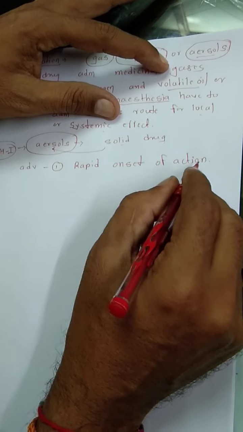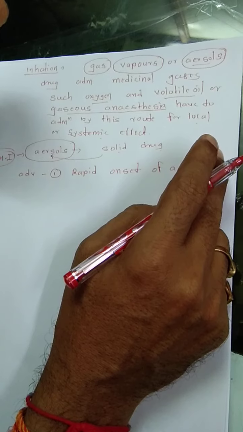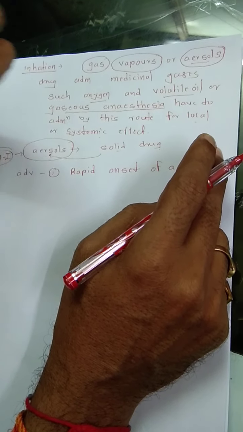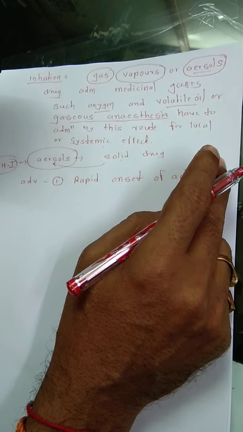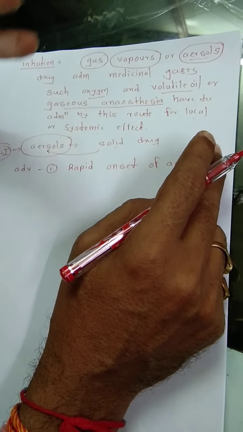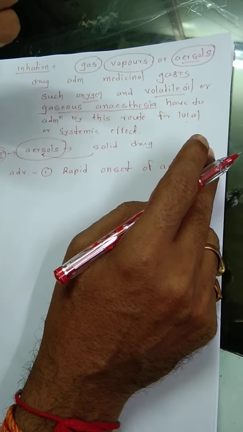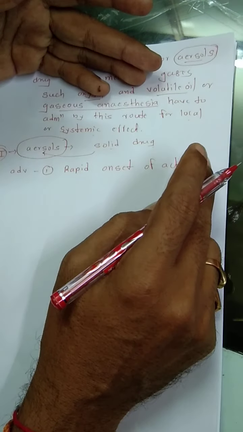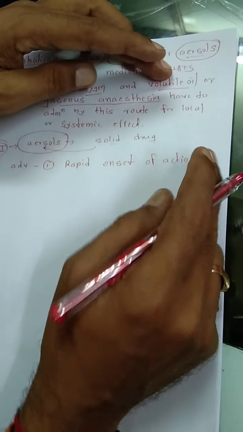You can use it for an asthmatic patient. You can spray it in the mouth. The bronchial smooth muscle is dilated by the spray containing salbutamol, and it produces a rapid onset of action.